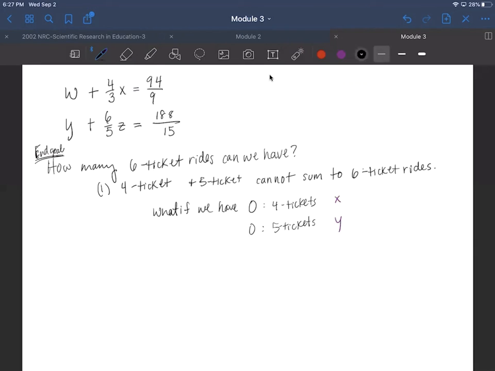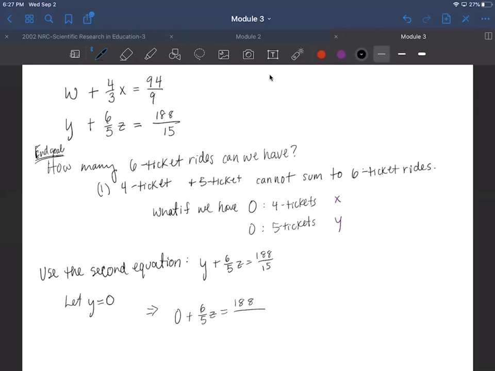So what I'm going to do is use the second equation, which is Y plus 6/5 Z equals 188 over 15. And I'm going to let Y equal 0 because we just said that. What if we had 0 5 tickets, how many 6 tickets can we have? Sorry, you guys. So we have 0 plus 6/5 Z equals 188 over 15.